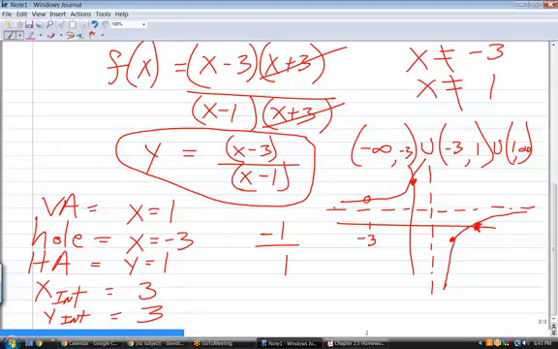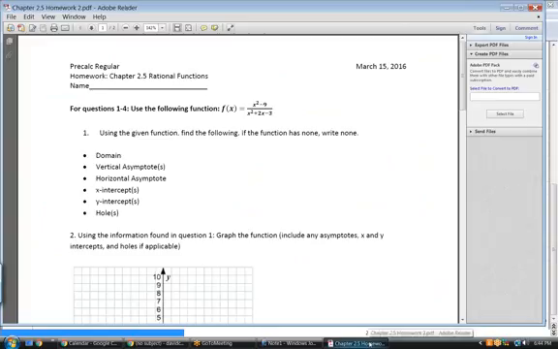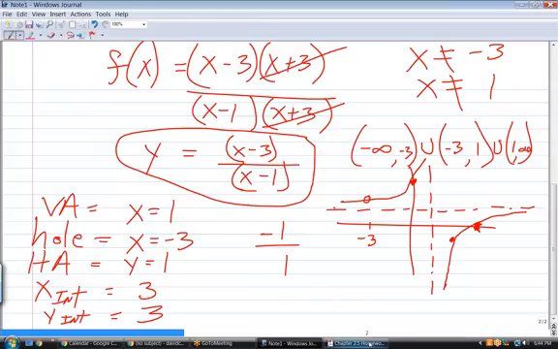I'm never going to see it on a graphing calculator or Wolfram Alpha, so you have to know that it's there. We typically do put it in as an open hole, and we now can interpret this graph properly. But if I were to do it on Wolfram Alpha, I could not.